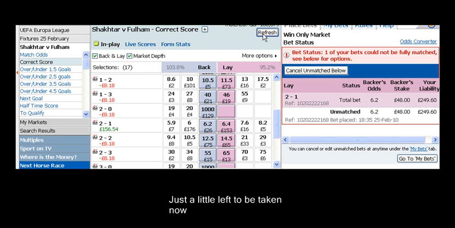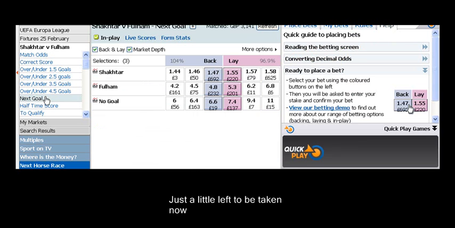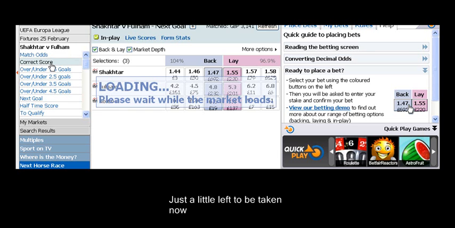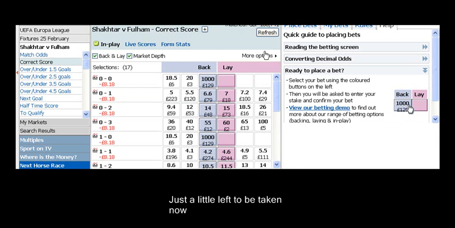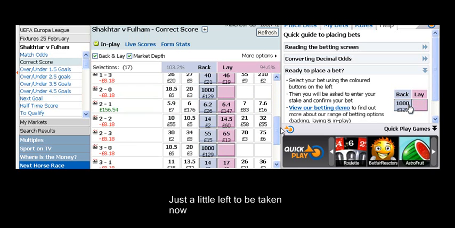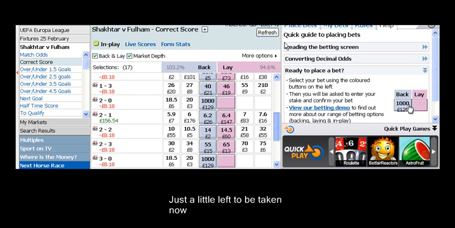And if we were thinking about putting insurance on, we would look to put insurance on the under 1.5 goal market. So if the score is 0-0 at half time, our green on the under 1.5 could be offset against the loss on the correct score market, which would come back at the most around 24s for the score of 2-1 if it was half time.